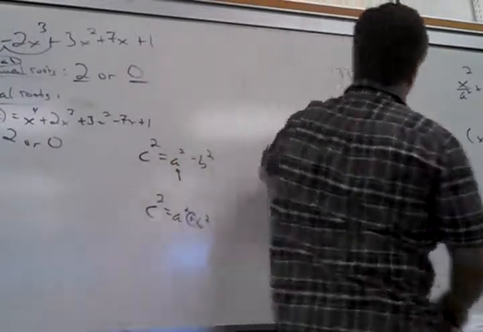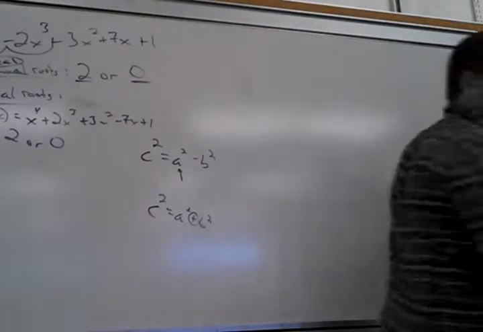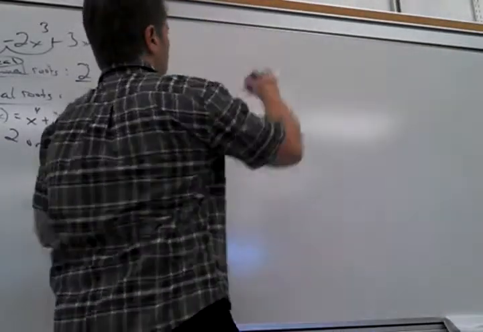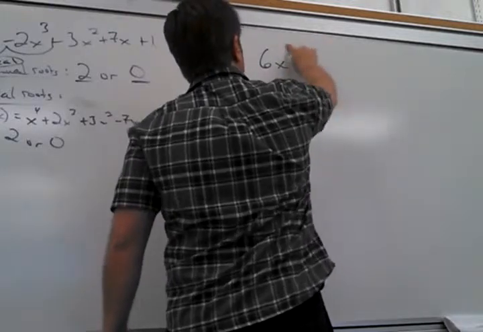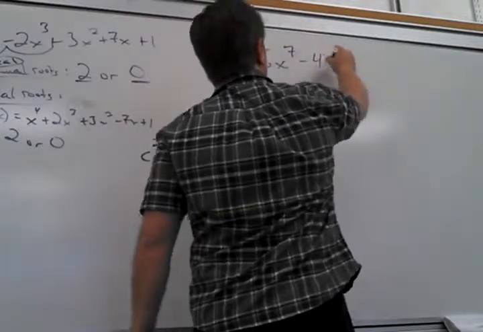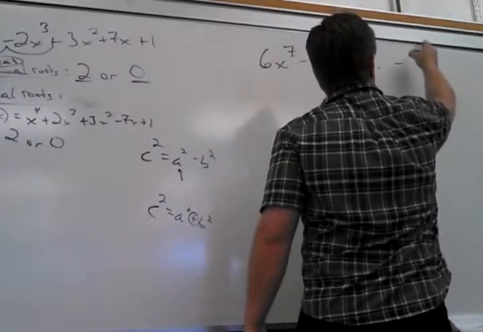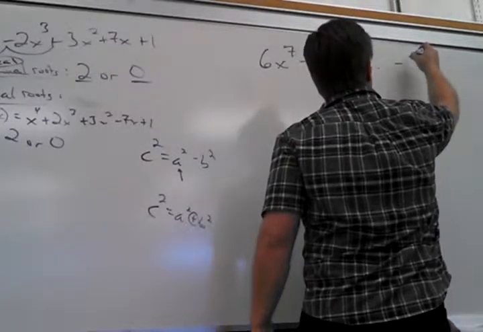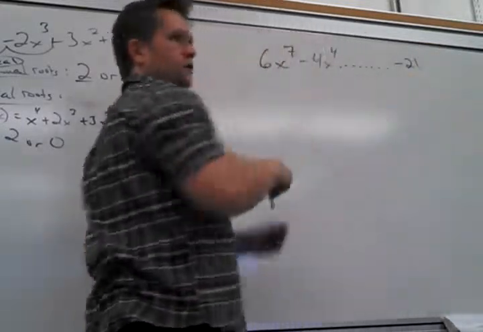So let me put a little more complicated example up here than number 5. Number 5 is pretty easy. But if I had 6x^7 minus 4x^4, who cares, minus 21.